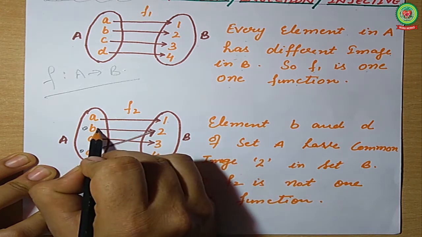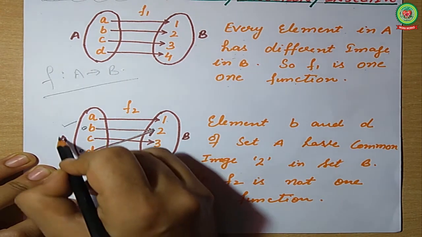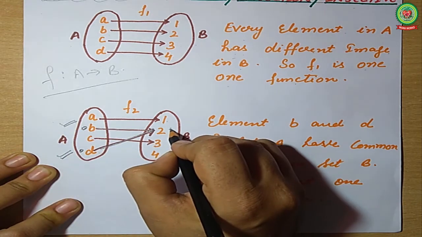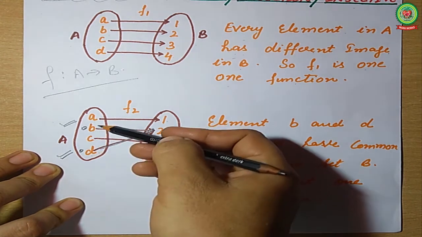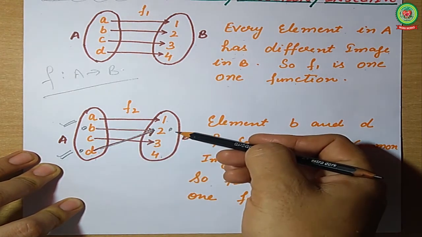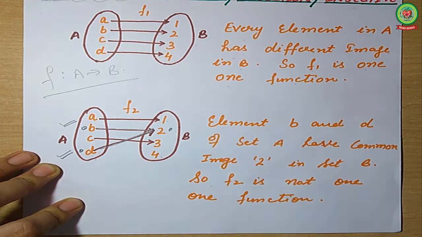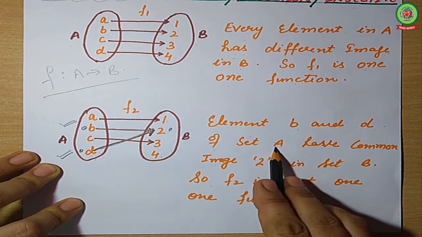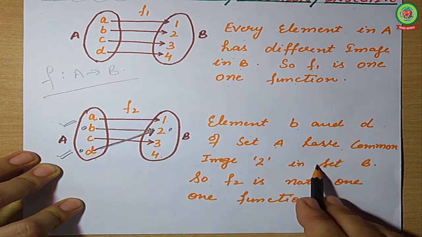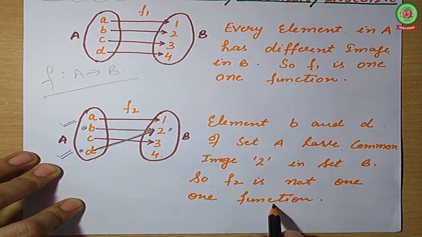Can two persons have a single image in the mirror? Is it possible? Not possible. So it is not a one-one function. Elements B and D of set A have the common image 2 in set B. So F2 is not a one-one function.